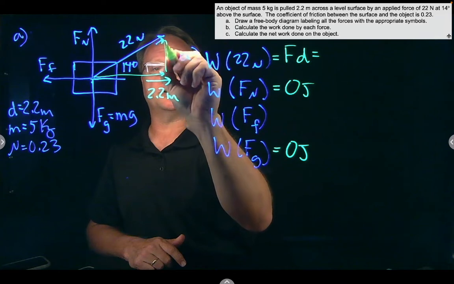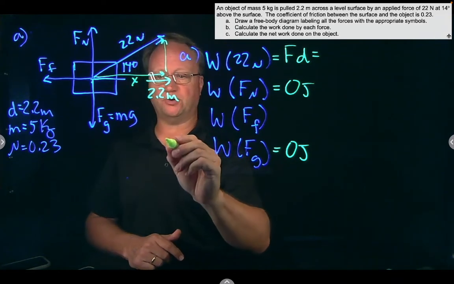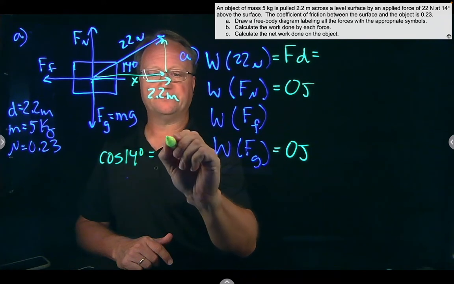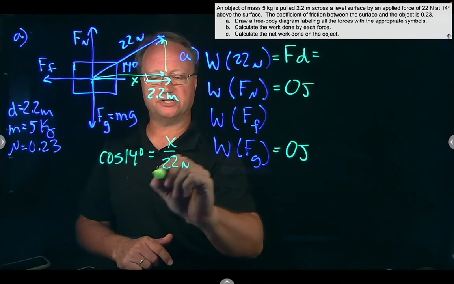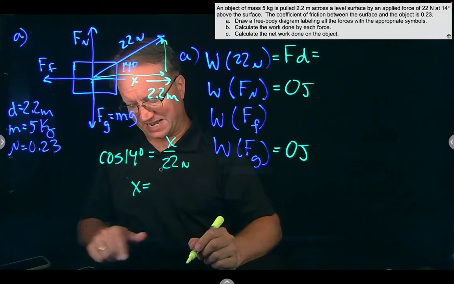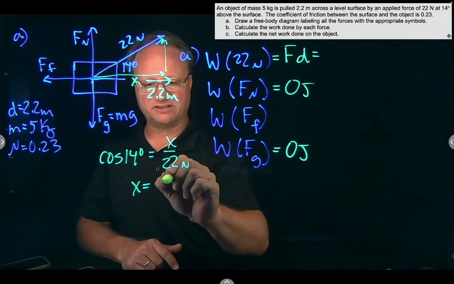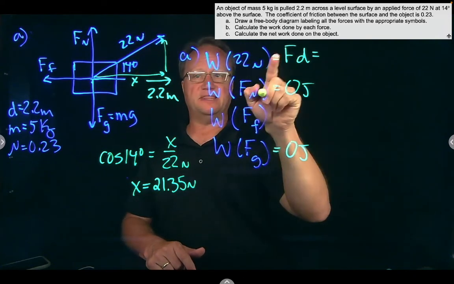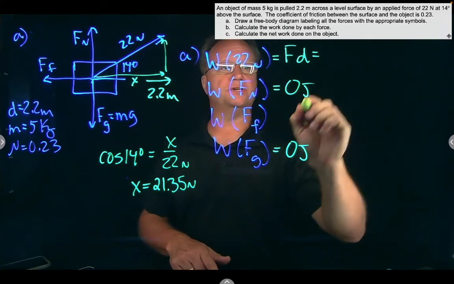So then if we do a little bit of trig to find the x component here, so that would be cosine 14 degrees, x over 22 newtons. That x component is going to give me a 21.35 newtons. That's the part of the force that's going to do work.